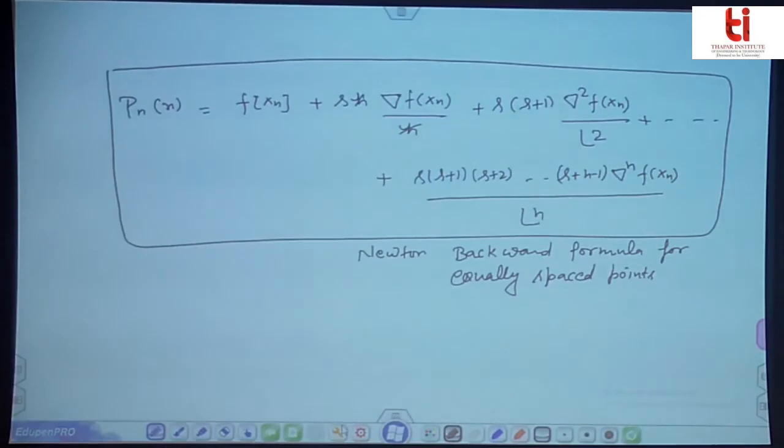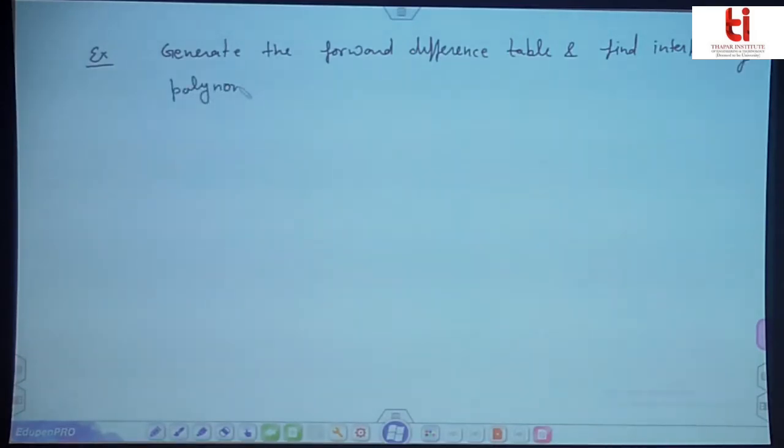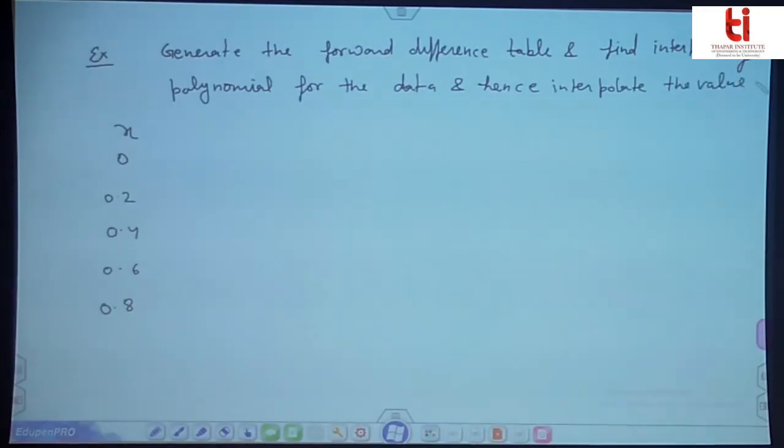Generate the forward difference table and find the interpolating polynomial to the data x equal to 0, 0.2, 0.4, 0.6, 0.8, and hence interpolate the value of f at 0.1.